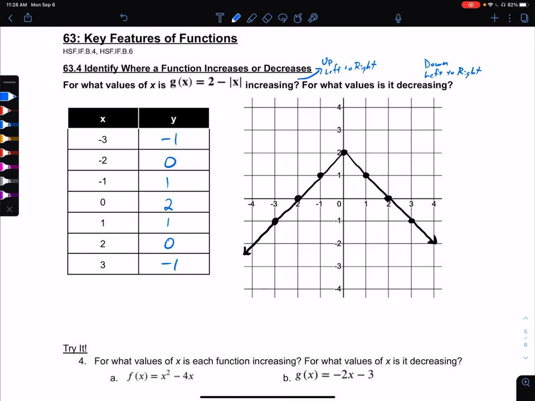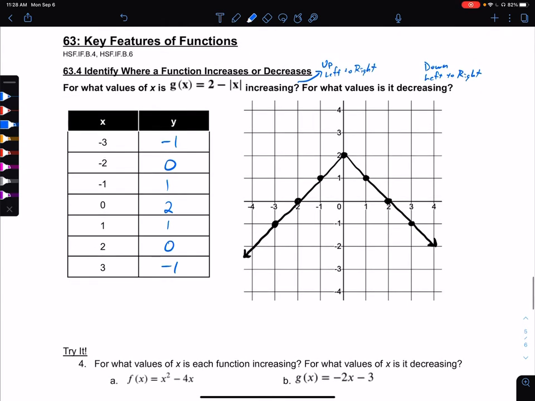So if I look at this first part of the graph, this left side, and look at the y values from the left to the point where it changes direction, my y values go from -2 to -1, 0 to 1 to 2. So they're going up. The graph is increasing. So the graph is increasing on what interval?